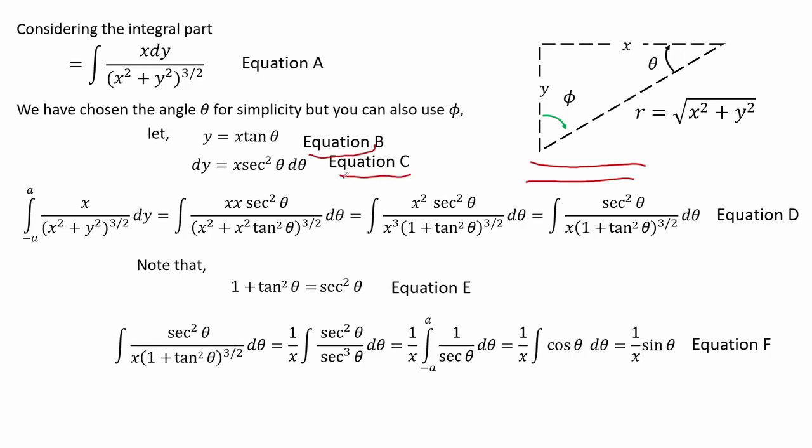We substitute this into the integral function and we get equation d. Note that 1 plus tangent squared is just secant squared, shown in equation e. When it is substituted back, we are able to reduce the integral function into the integral of a cosine function, which we know the solution to, which is a sine function as shown in equation f.